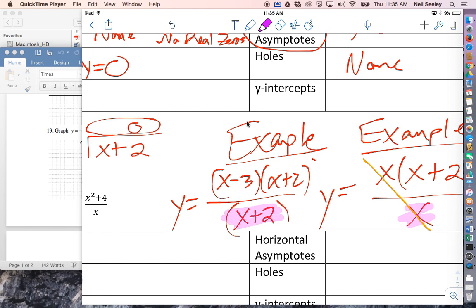There must be a vertical asymptote at negative 2. But in this particular case, because that factor algebraically cancels, instead of a vertical asymptote at negative 2, you actually have a hole in your graph at negative 2. It looks like a line, x minus 3, but it has a hole at negative 2.